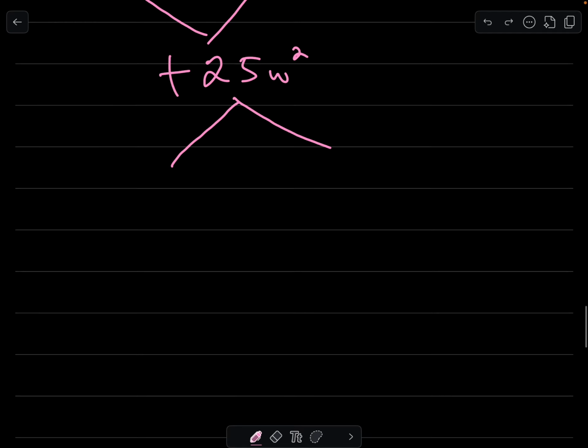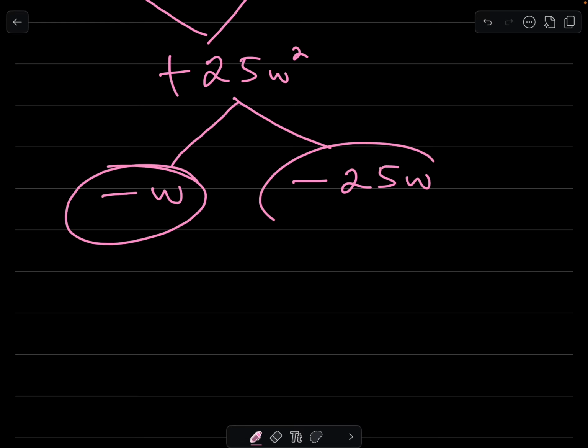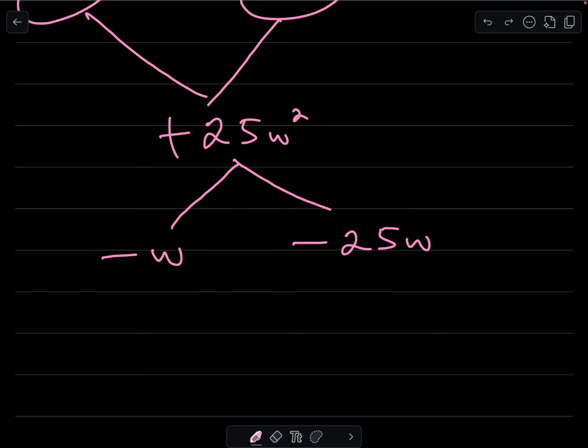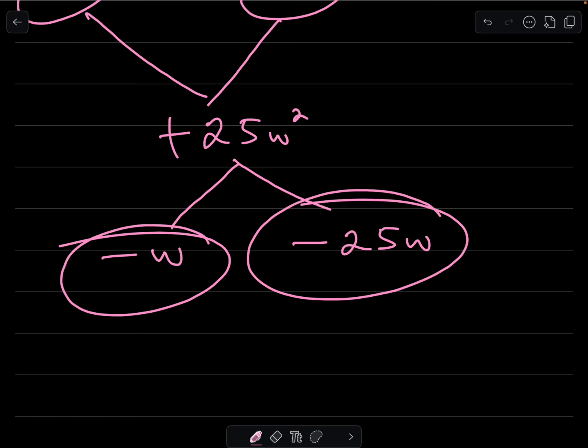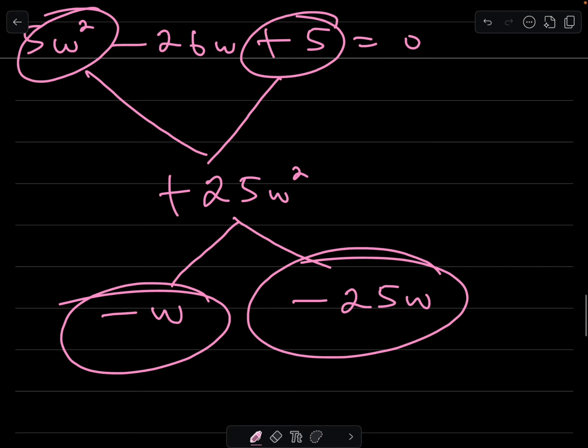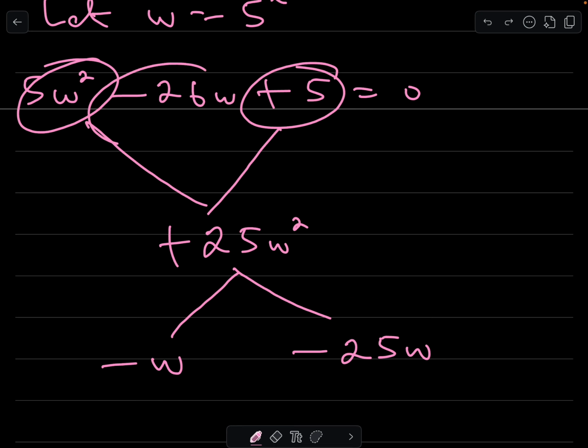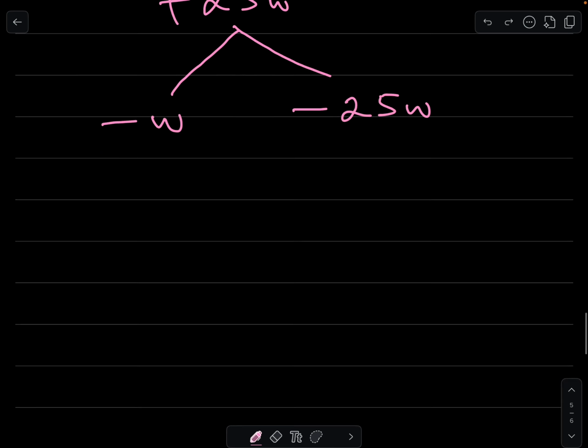That's minus w and minus 25w. Minus w times minus 25w will give us plus 25w squared. And at the same time, minus w minus 25w will give us minus 26w. So instead of writing minus 26w, we write minus w minus 25w.